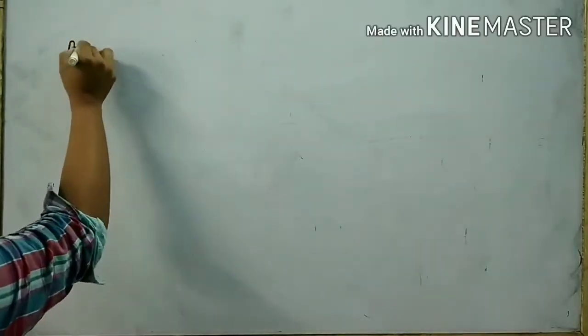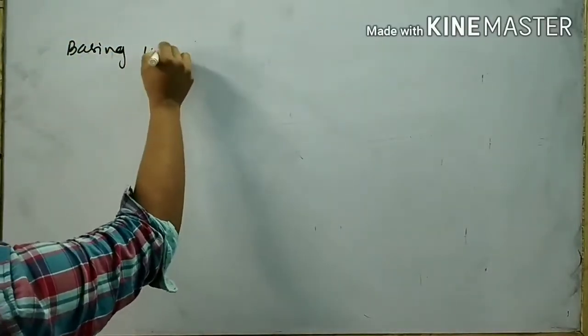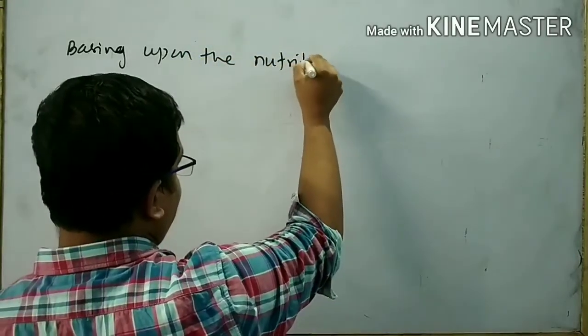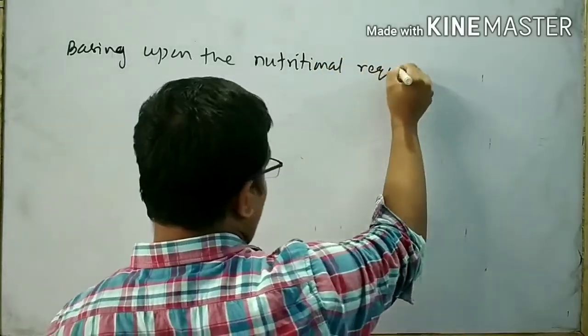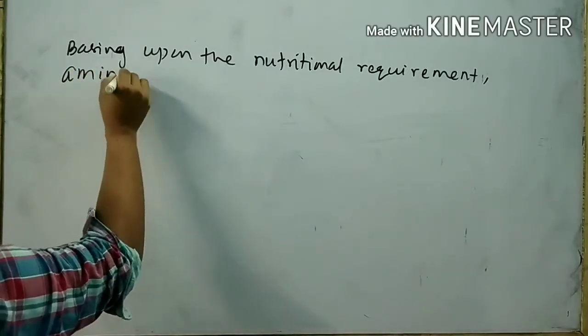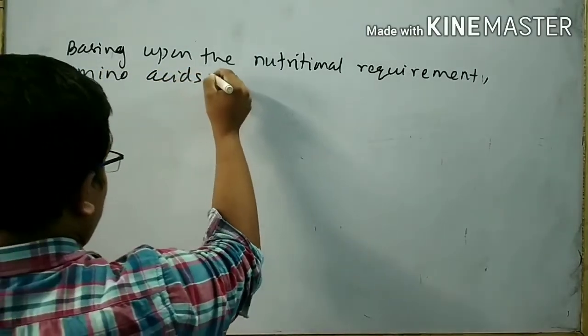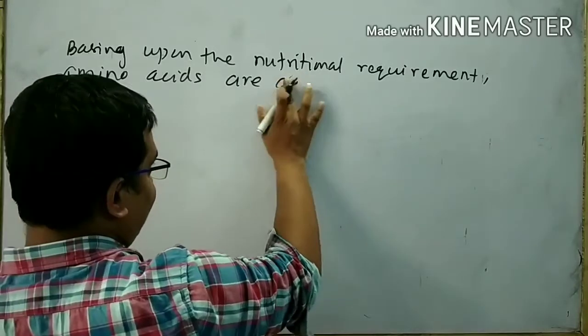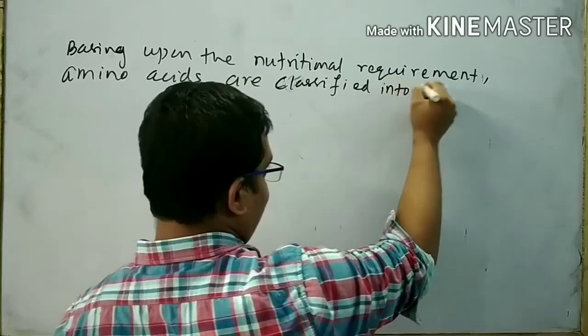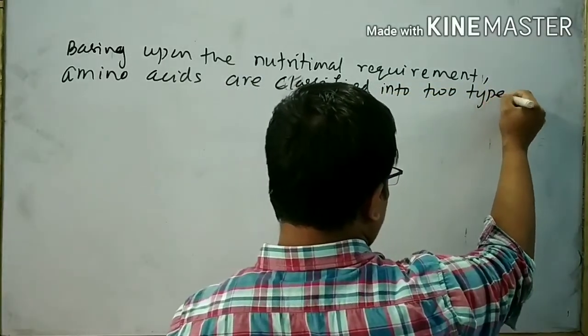The amino acids are also classified based upon the nutritional requirement. So we can write, based upon the nutritional requirement, amino acids are classified into two types.